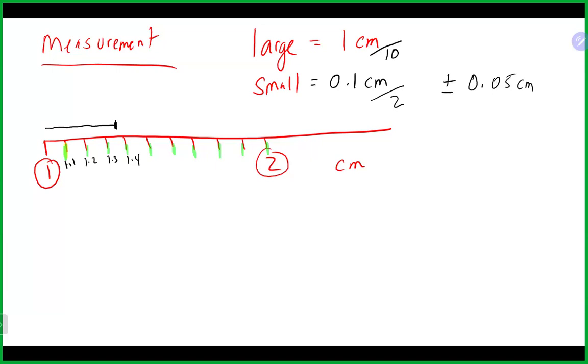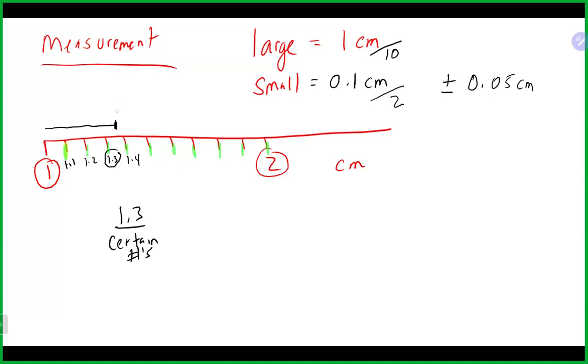That means that when we look at this, there should be some numbers that everybody agrees upon, that the measurement is at least that much. In this case, it would be like 1.3. These are referred to in a lot of cases as the certain numbers, and when you take a measurement, you should always record the certain numbers. But the next part is where the uncertainty or estimation comes into play.